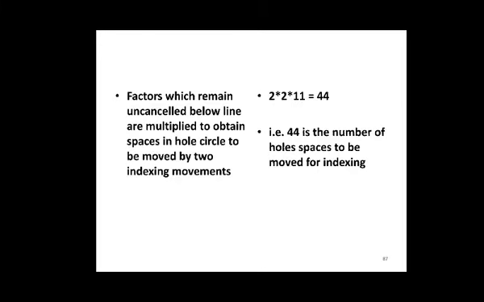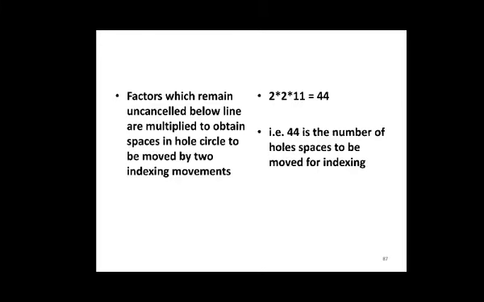That is, 44 is the number of whole spaces to be moved for indexing. So the index crank should be moved by 21 holes in 23 whole circle in forward direction, and then the plate and the crank together by 11 holes in 33 whole circle in backward direction.